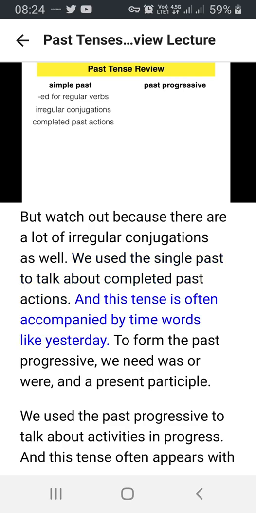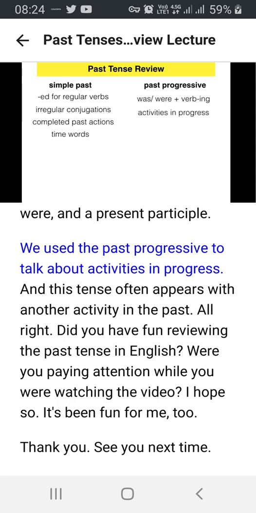And this tense is often accompanied by time words, like yesterday. To form the past progressive, we need was or were and a present participle. We use the past progressive to talk about activities in progress. And this tense often appears with another activity in the past.